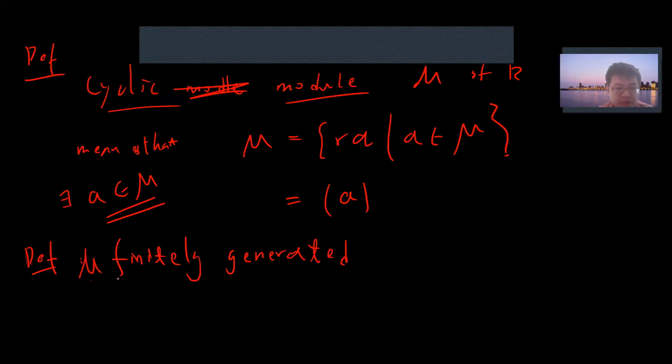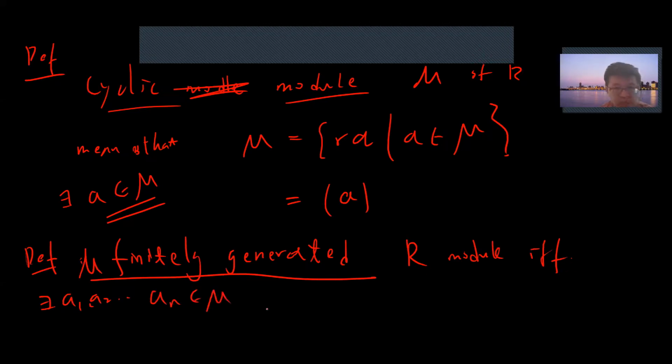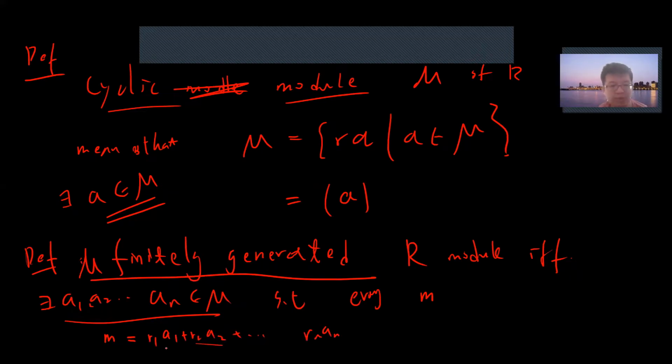When I say M is a finitely generated R module, I mean you can find a1, a2, up to an in M, which looks like a basis but is not the same, such that every m in M is equal to r1 a1 plus r2 a2 up to rn an.